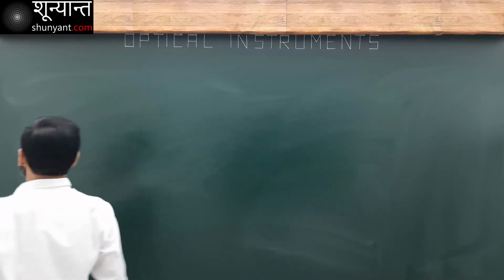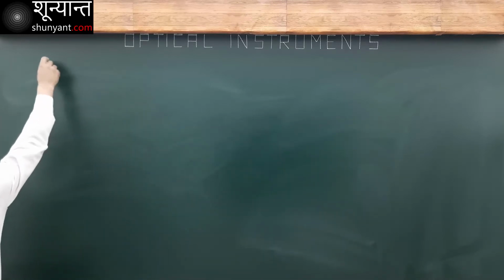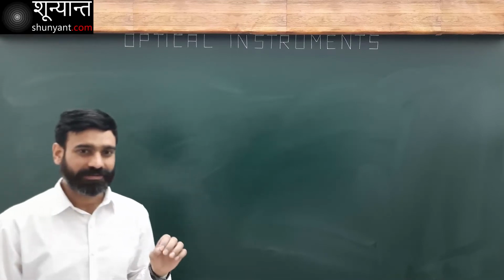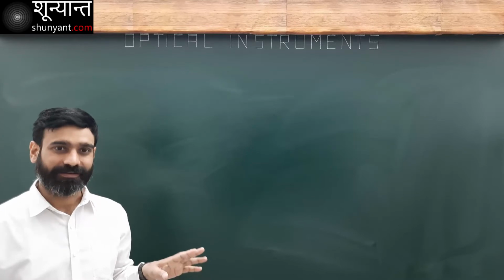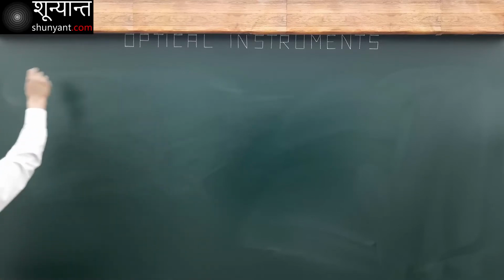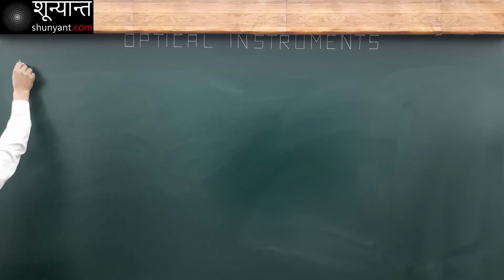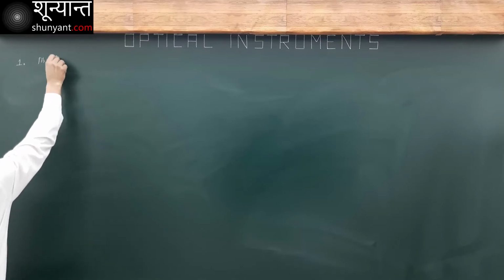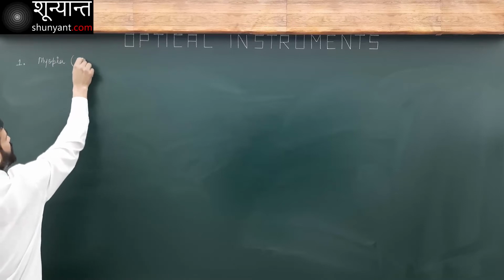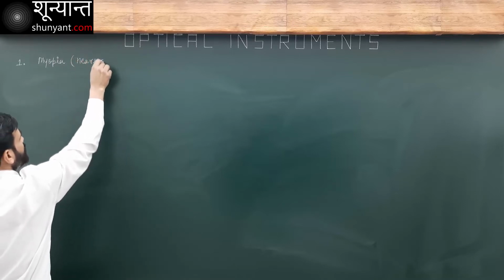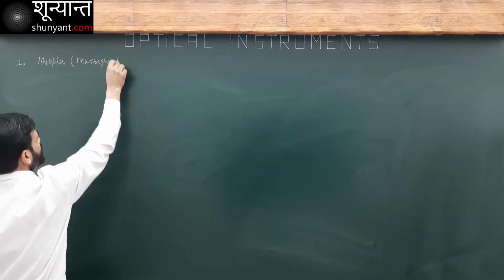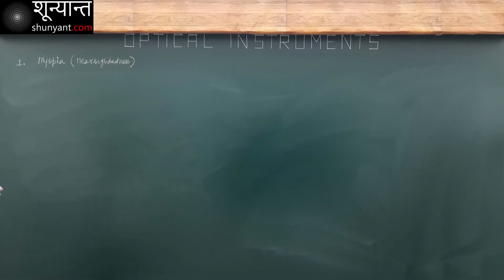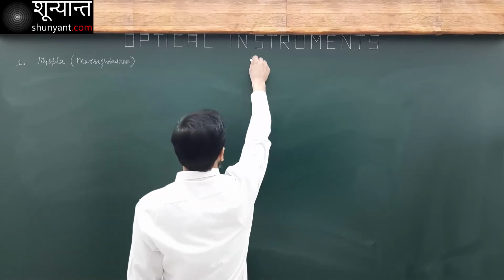Okay, what we are going to do is we are going to discuss defects in eye. So two defects. First defect is myopia, also known as nearsightedness. Let me write here also the second defect.